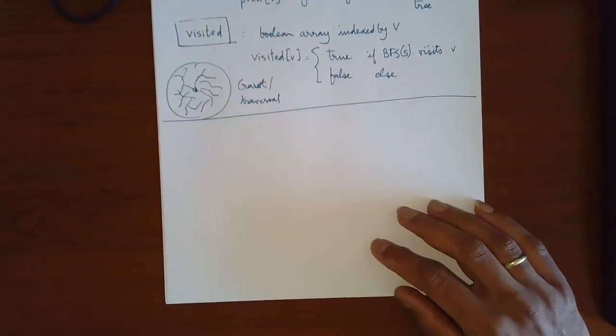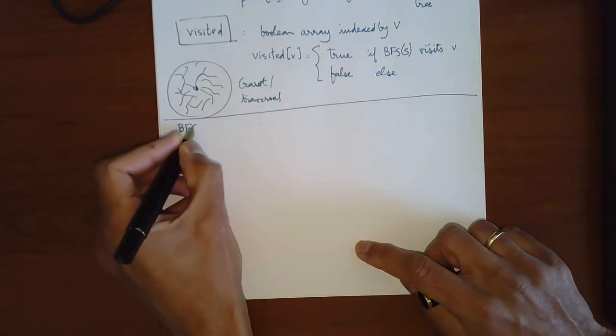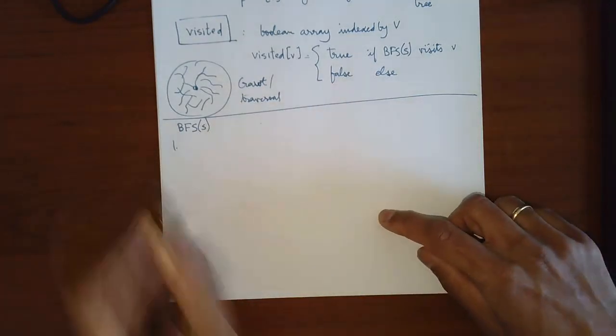Okay, so let me sketch out the pseudocode for BFS of S, because we can write it down without too much effort.